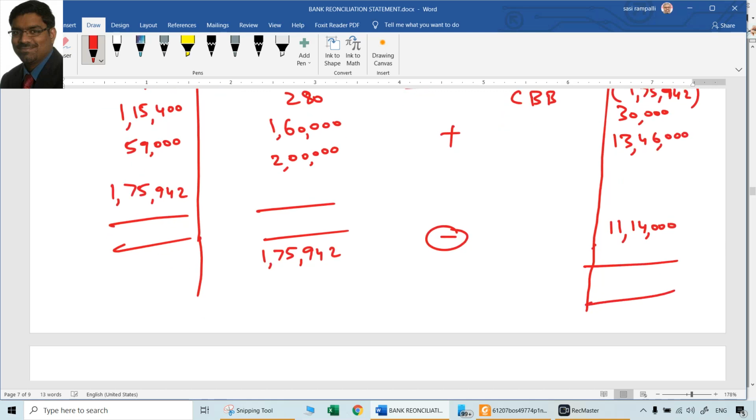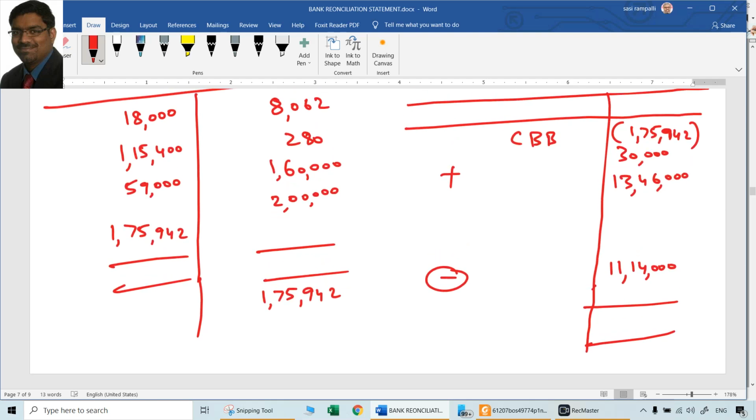Remaining things we already know. What to be added, what to be deducted, we already have that. So start with minus 175,942 plus 30,000 plus 13,46,000 minus 11,14,000.